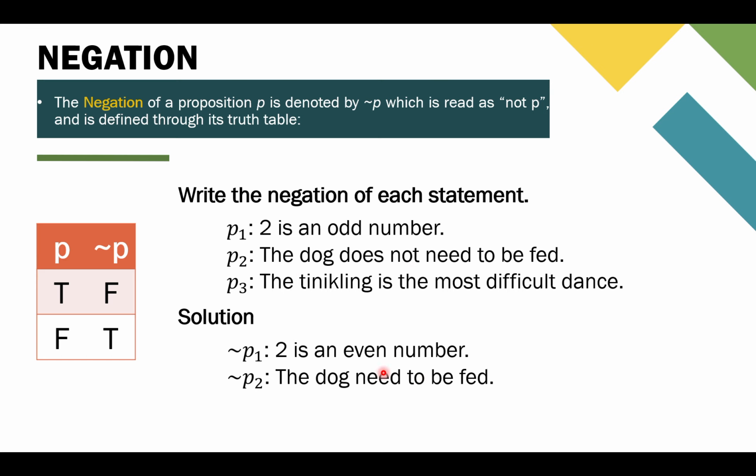So ibabaliktarin mo lang yung statement niya. So let's say negative yung unang proposition mo, then doon sa not P mo, gagawin mo siyang positive. Okay, ito. For proposition 2, false daw siya. And then for this not P, siya ay naging true.